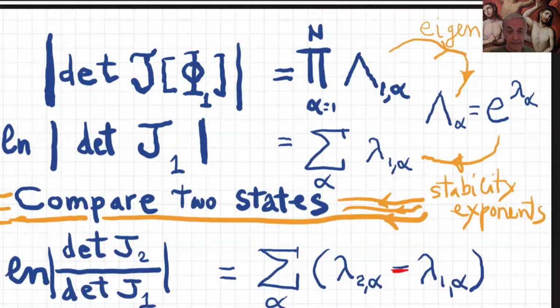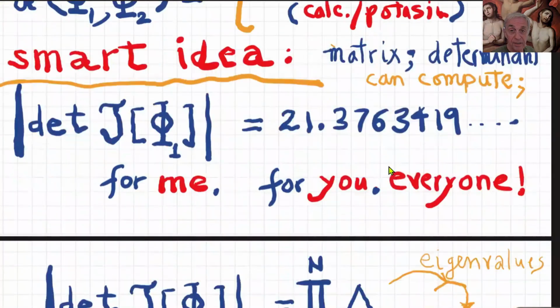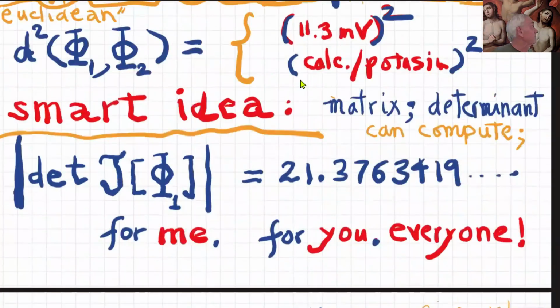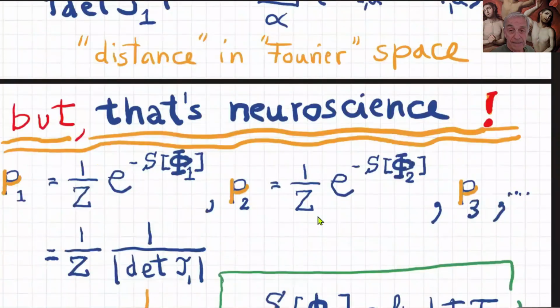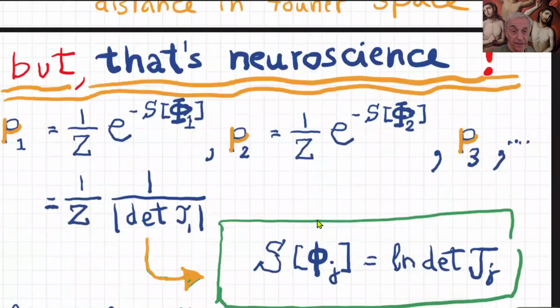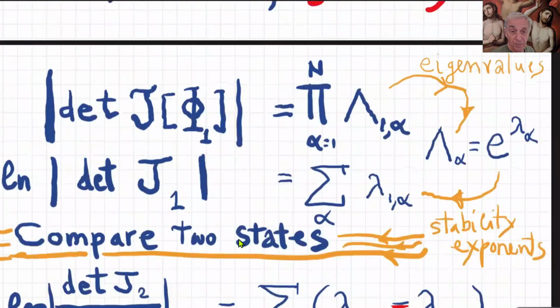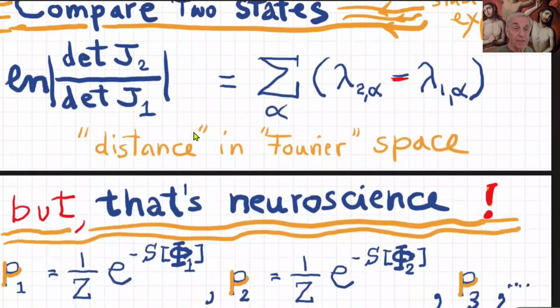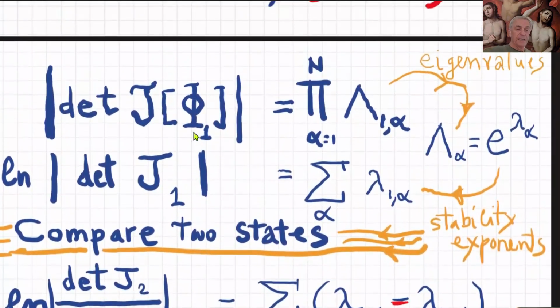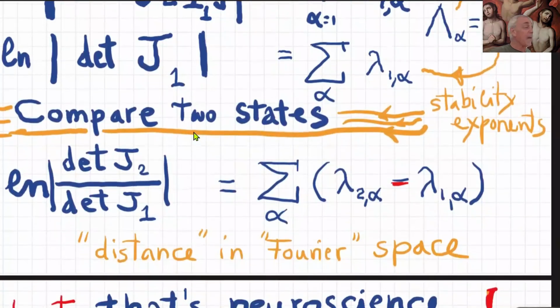And now, why did I do this? The Euclidean distance was stupid. There was no reason to do it, right? But this seems to be intrinsic to the problem. If I look at the likelihood of one pattern happening and the other happening, they're given by these determinants.